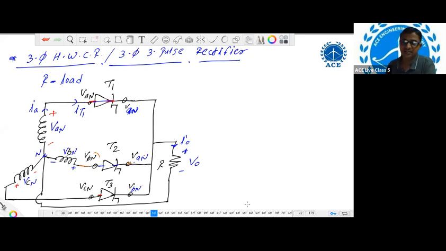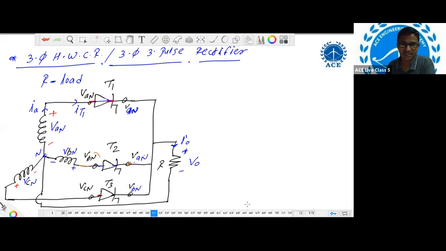Yesterday we started the three-phase rectifiers. As I said, in three-phase rectifiers we have the three-phase three-pulse uncontrolled rectifier, three-phase three-pulse controlled rectifier, three-phase six-pulse uncontrolled and three-phase six-pulse controlled rectifier. Apart from that, we'll also discuss three-phase semi-converters.